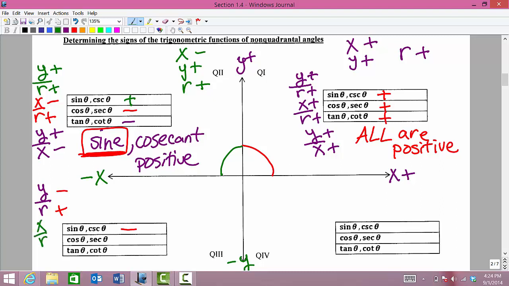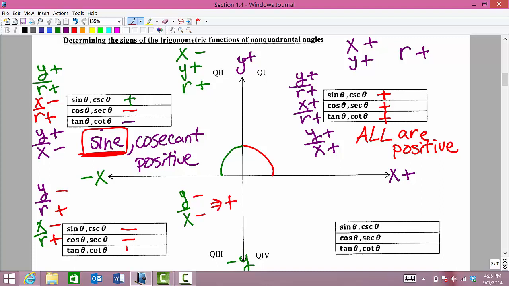X divided by r, x is negative, r is always positive, and negative divided by positive will be negative. So cosine and secant will always be negative in quadrant 3. And let's look finally at tangent. Tangent is y divided by x. Now be careful here, y is negative and x is negative, but a negative divided by a negative gives me a positive value.